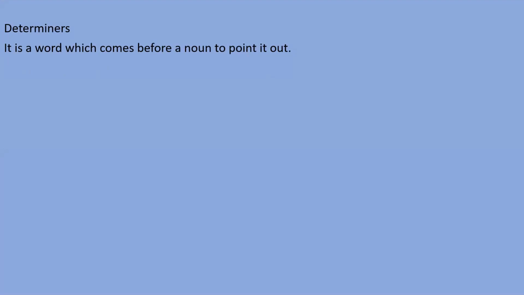So, dear students, first of all, we have to understand what determiners are. Examples: a, the, this, that, my, our, your, etc. These are all called determiners, right?